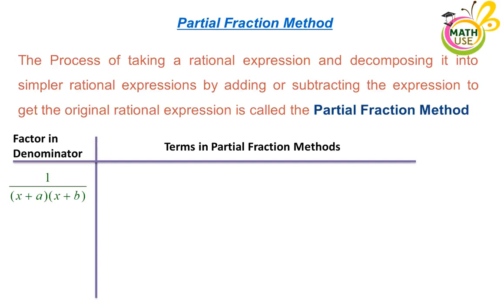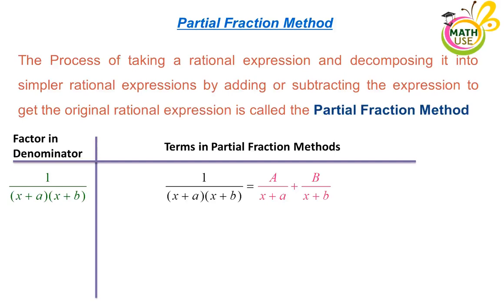Then it can be expressed in partial fractions by taking two constants, capital A and capital B: A divided by x plus a plus B divided by x plus b. So the fraction is converted into simple fractions, A by x plus a plus B by x plus b.